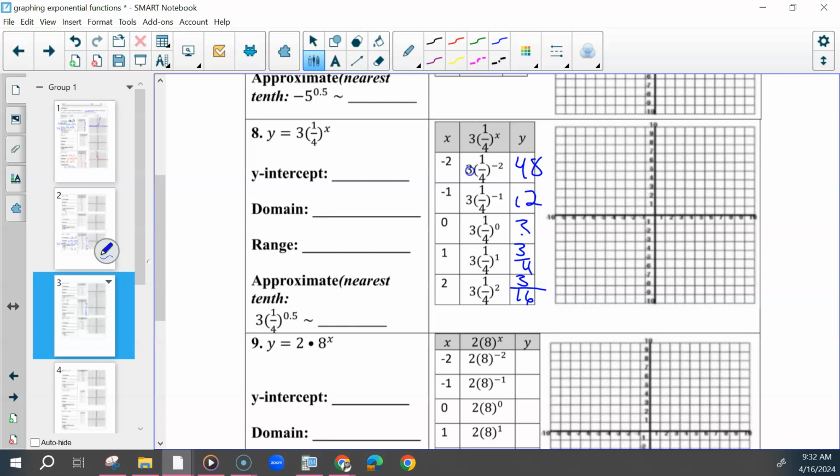Go ahead and graph those points. I'm going to draw in the -1 to the 12. What's our y-intercept? 0, 3.